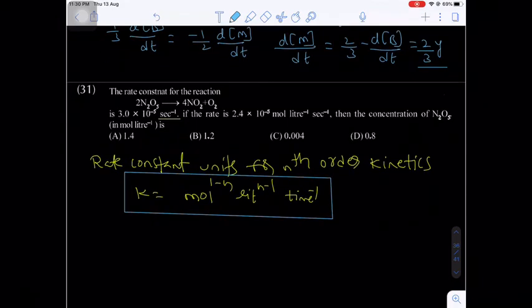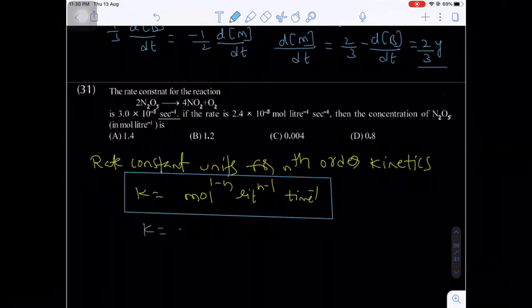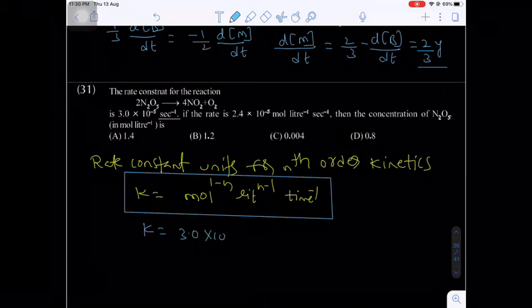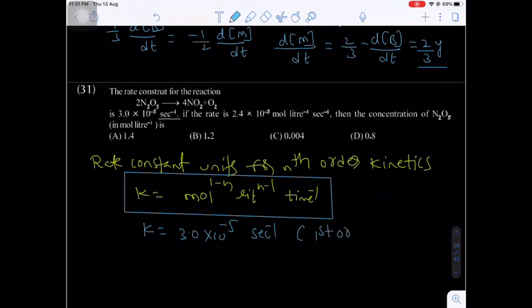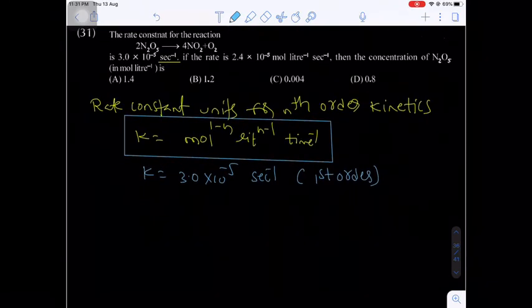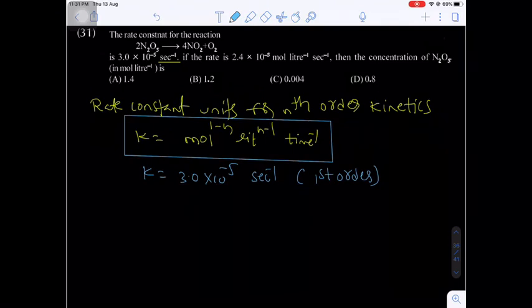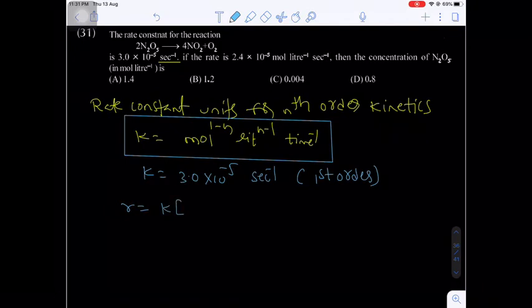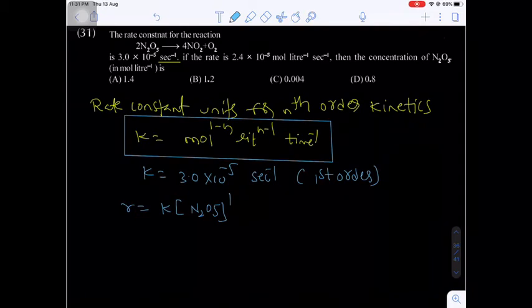Now in the question, what is the K value given here? 3.0 into 10 raised to minus 5 second inverse, only second inverse. That means it corresponds to which order kinetics? First order kinetics. This is the key point of the question. Now for a first order reaction, rate is equal to K times the concentration of N2O5 to the power 1.